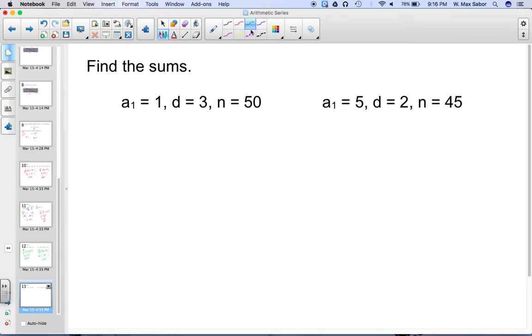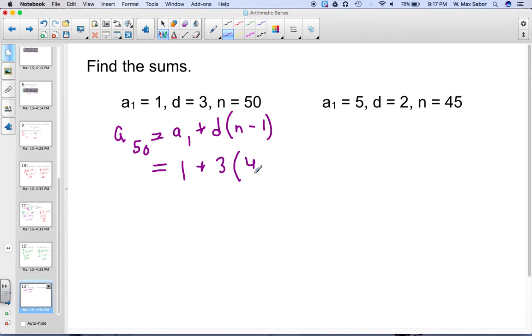Lastly, and this is a little trickier, we're given the first term, we're given the number of terms, but we need to find the last term first. So what is a sub 50? This is where our explicit formula comes back in. It says that it's the first term plus our common difference times n minus 1. So in this case, it's 1 plus our common difference times n minus 1. 1 plus 147, so 148.